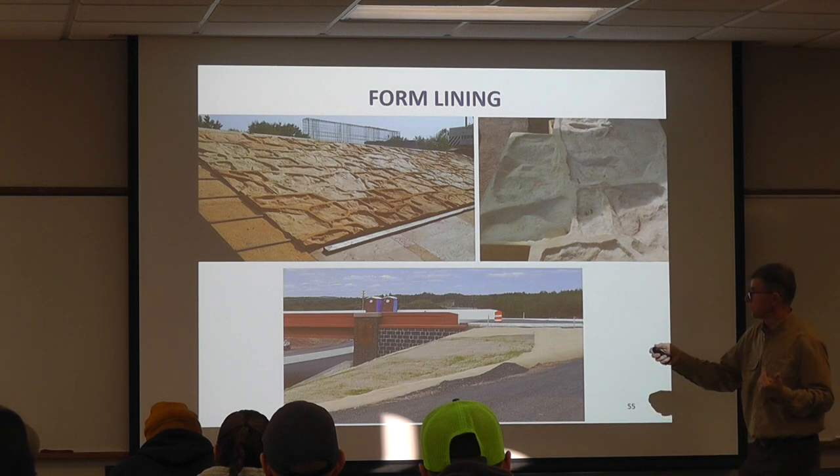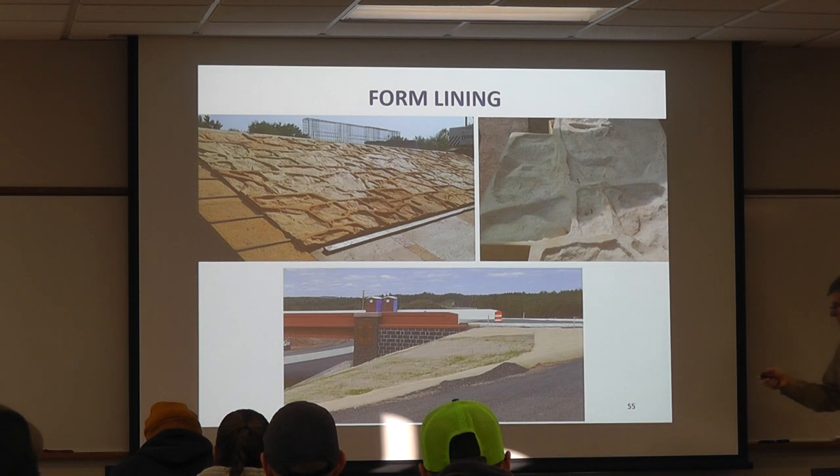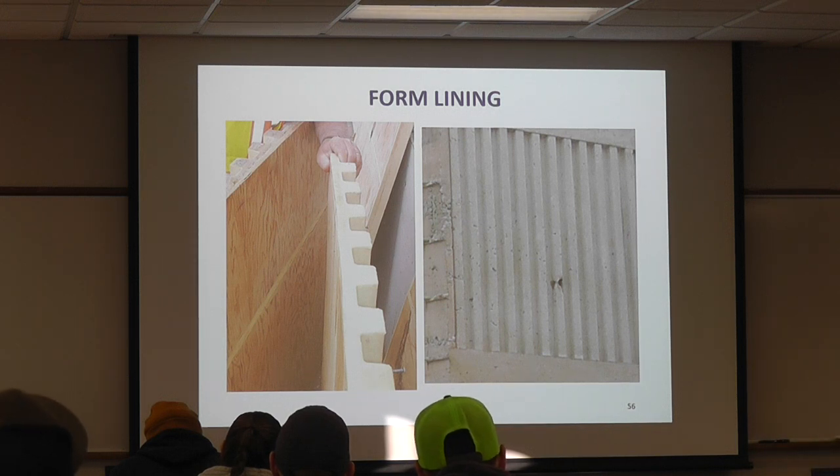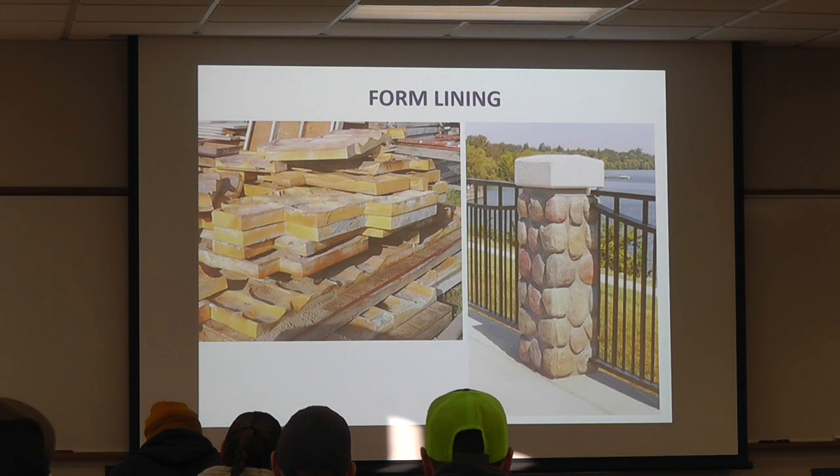These get attached to the face of the forms and constructed. There's a lot of different form liner things that we use nowadays, a lot of things that are pretty impressive. But what the forming has to do is accommodate that, and also accommodate whatever clear cover we need, especially if there's any bone rustication and things like that.